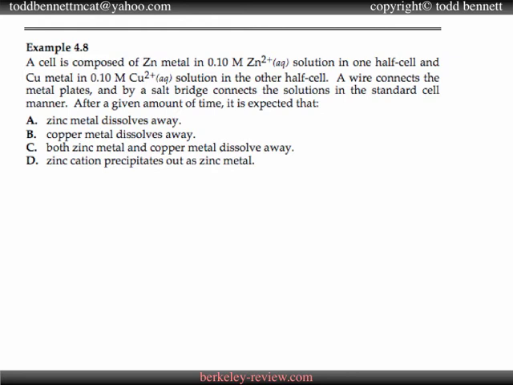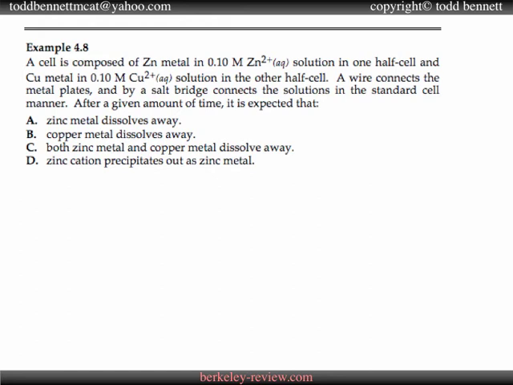Again, there's no anions listed in this, they're not asking about it, but cations migrate to the cathode. That's the rule we care about. So again, the electrons, when they flow from the anode to the cathode, are going to cause reduction. That means the cations are going to go and get reduced. So at the cathode, you have copper 2 plus in this case, migrating to the surface, building up, and plating out. So the cathode gets larger, it plates out.